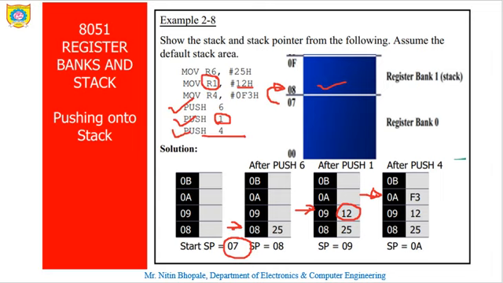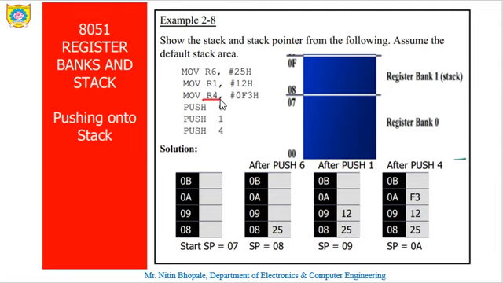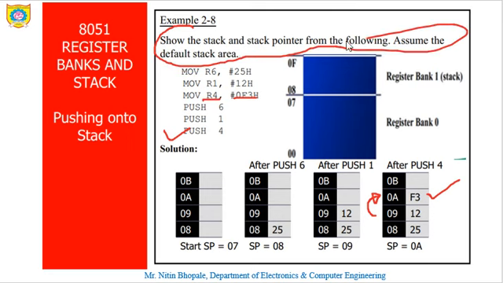This 4 indicates R4, whose contents are 0F3. Before pushing it to the stack, the stack pointer will be incremented by 1. So 09 plus 1 gives 0A, and this F3 will be pushed to the stack. This is how this particular program shows how the stack behaves with respect to the push operation.